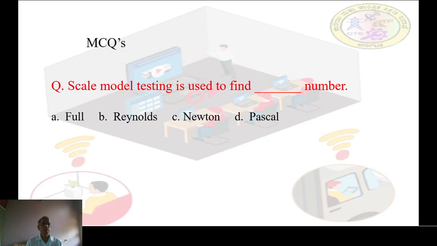Next, fourth question: a scale model testing is used to find the blank number. Multiple-choice answers: A, Full; B, Reynolds; C, Newton; and D, Pascal. Our correct answer is Reynolds number.